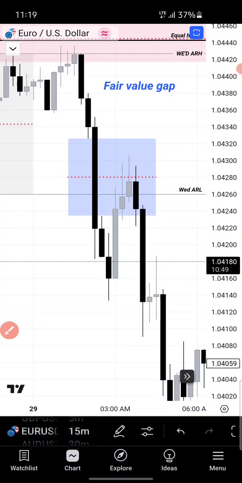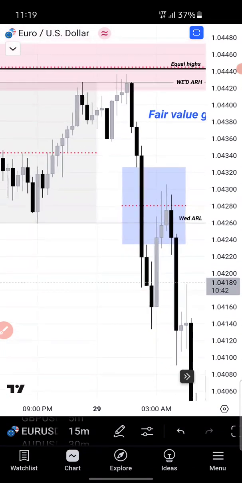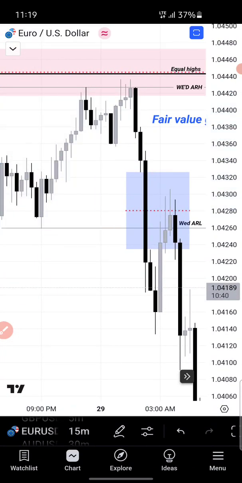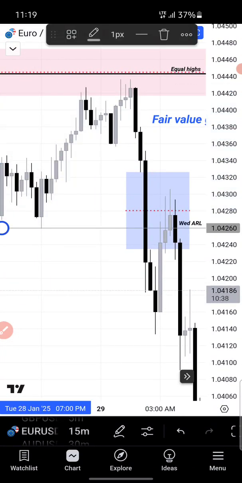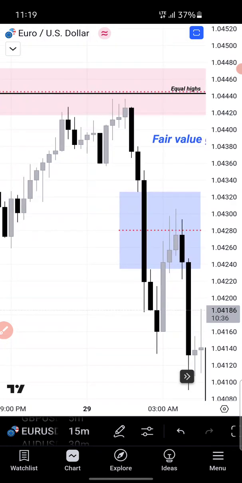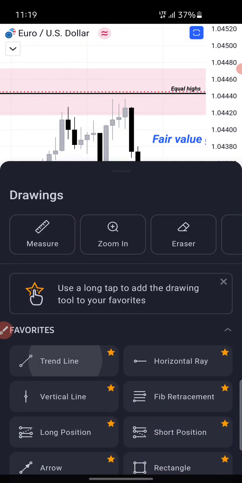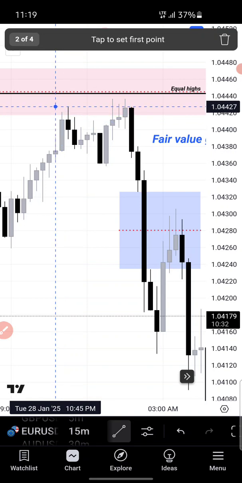So now, before this large drop to the downside, before price traded to the fair value gap, if you watch here, price took a form of buy side liquidity. I'm going to be doing a video on understanding buy side liquidity and sell side liquidity.